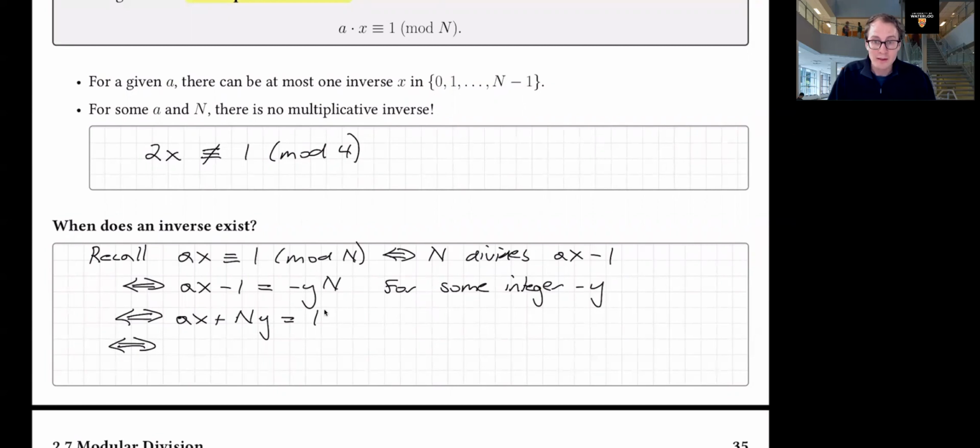But now this, we know that 1 divides both a and n. And so this equation means that the greatest common divisor of a and n is 1.